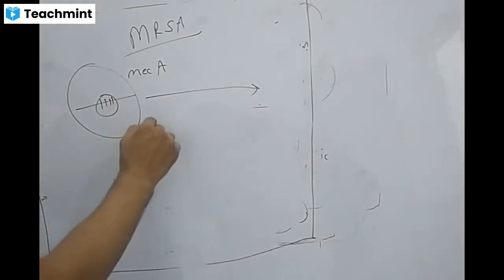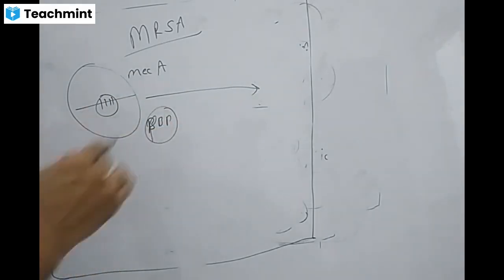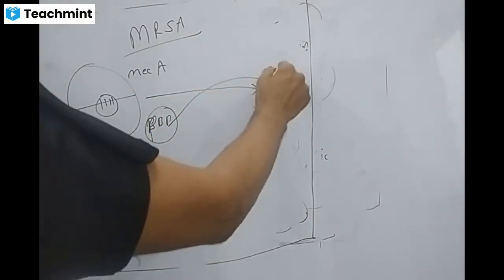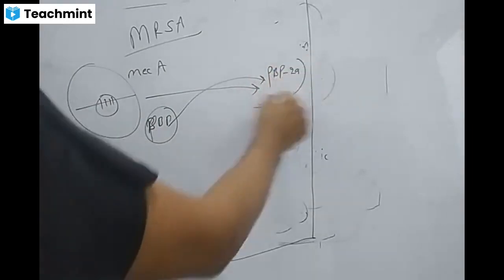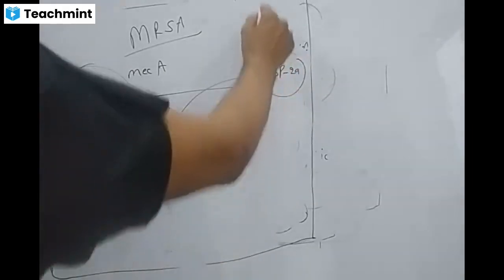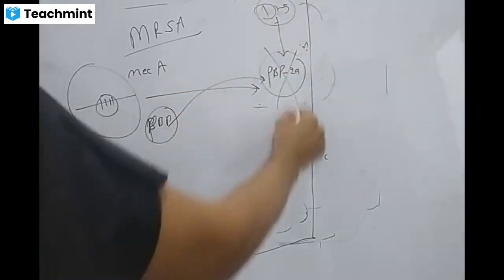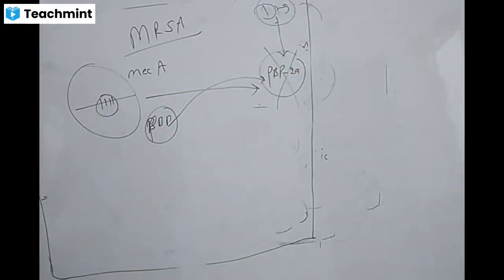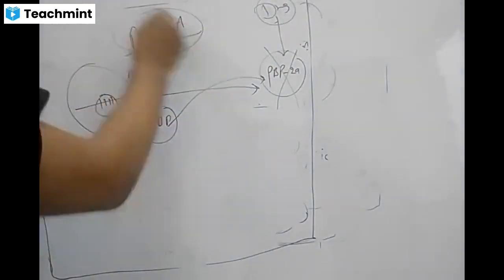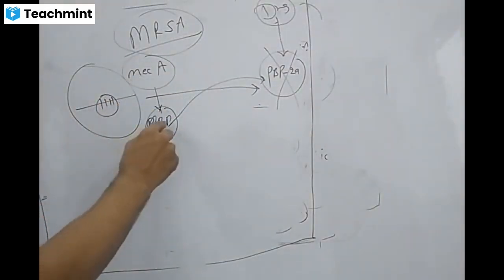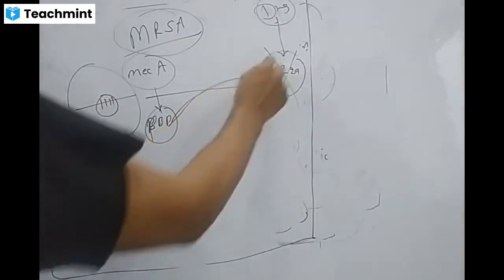Normally they have a penicillin binding protein, and this penicillin binding protein gets mutated and becomes penicillin binding protein 2A, and our drug is unable to recognize this penicillin binding protein 2A. So in the case of MRSA, there is the mecA gene which codes for the penicillin binding protein, and this protein gets mutated.